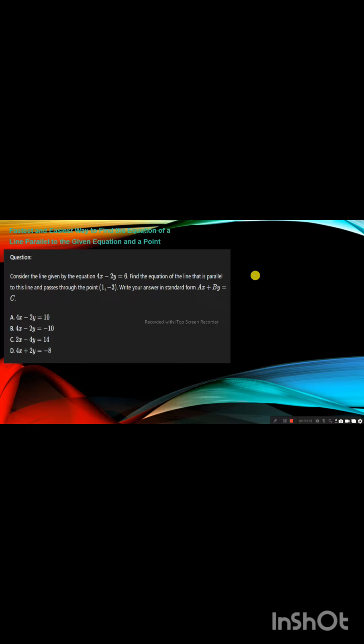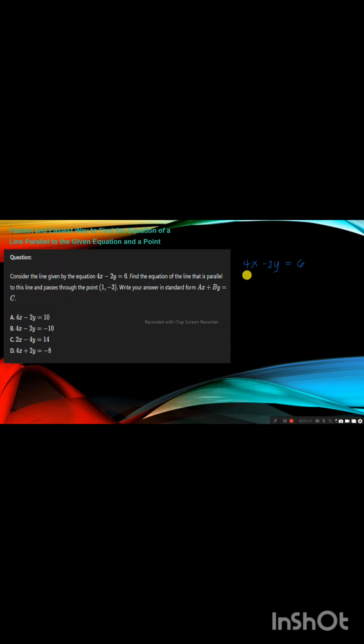So to solve this problem quickly, we are not going to convert this equation into the slope-intercept form to find the slope. Rather, we are just going to write the equation, which is 4x minus 2y equals 6.